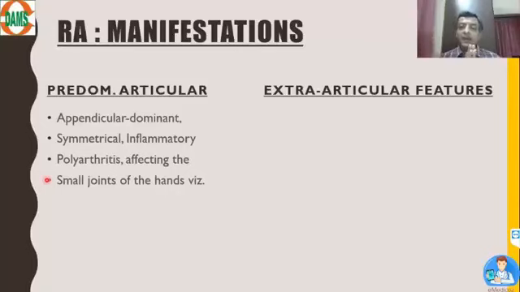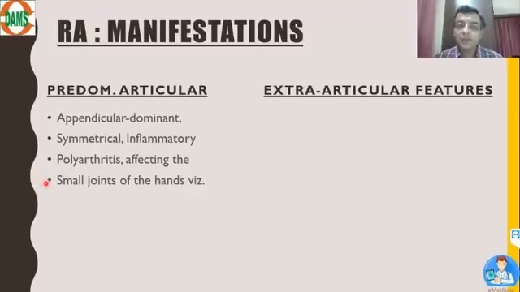In polyarthritis, the most common cause is RA, but the involvement is appendicular dominant, and we also said it is symmetrical in the majority of cases, affecting the small joints of the hand.